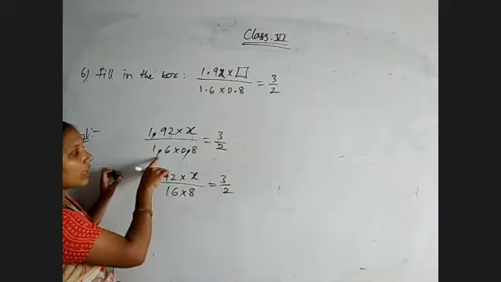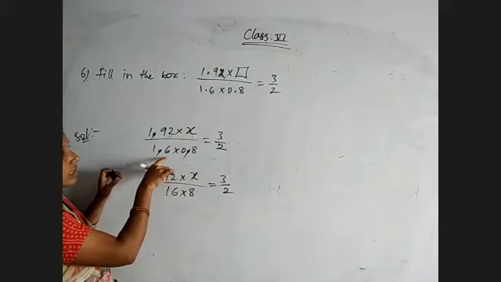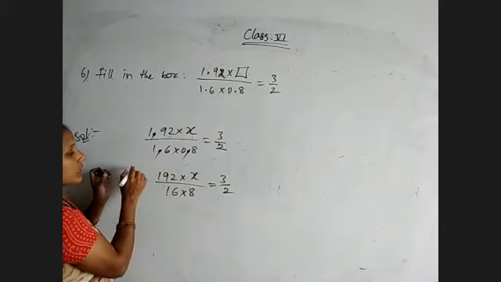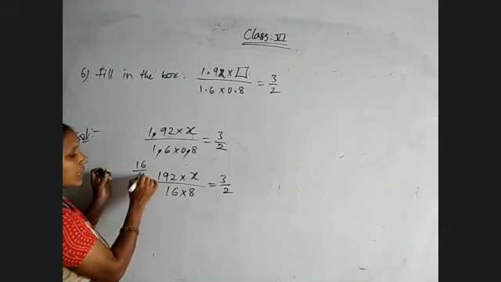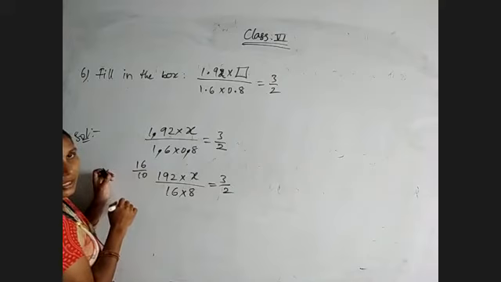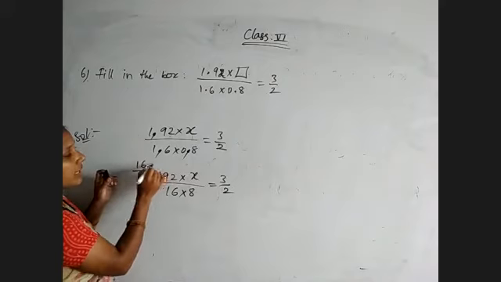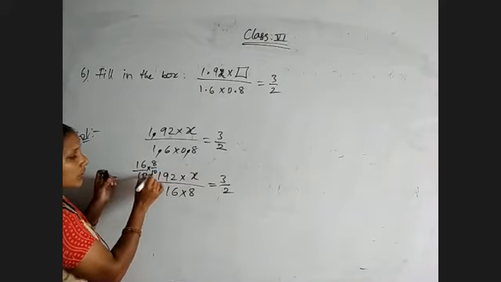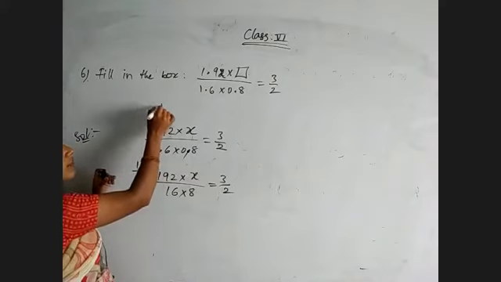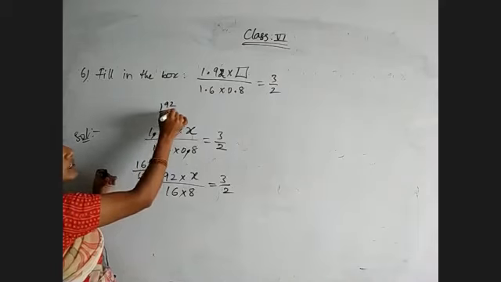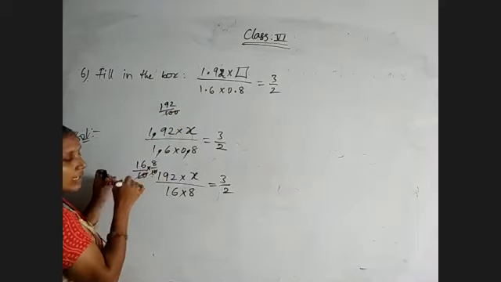How are we getting this cancelled? 1.6 is nothing but 16 by 10, in fractional form, and 0.8 is nothing but 8 by 10. So 10 tens are 100, and it is 192 by 100, so this 100 will get cancelled.